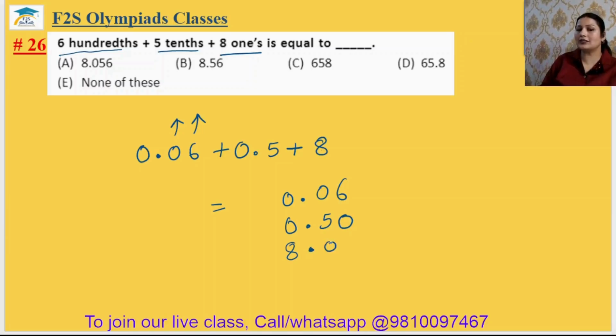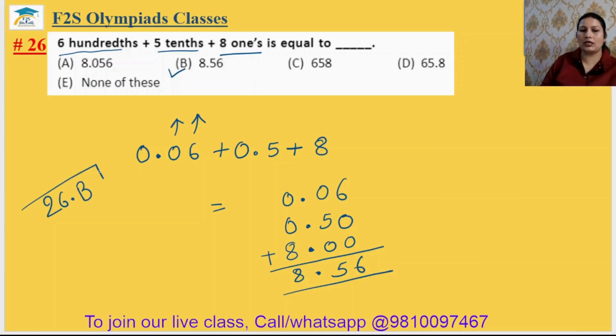There is no decimal, so we can make 0 0 as the decimal. After adding we will get 8.56. This is in option B. The 26th answer is option B.